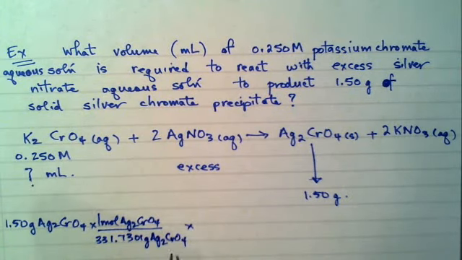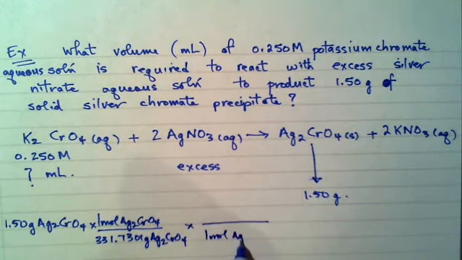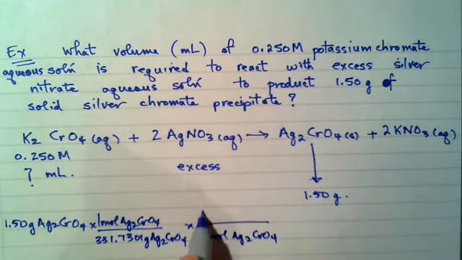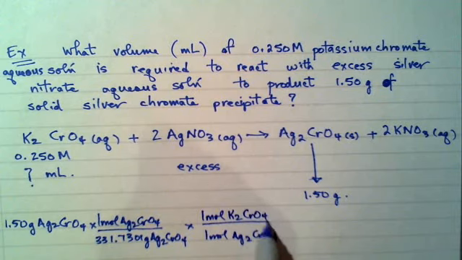And then I want to go from moles of this to moles of that, and it's a 1-to-1. So I know that 1 mole of Ag2CrO4 forms from the consumption of 1 mole in this balanced equation of K2CrO4.